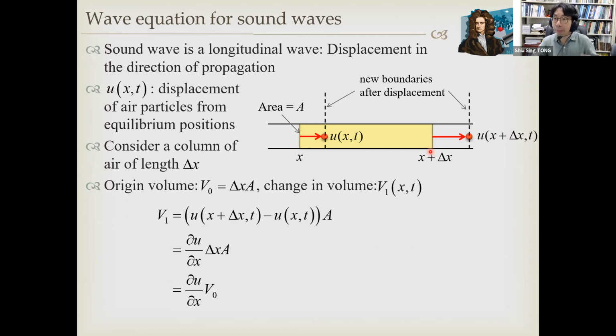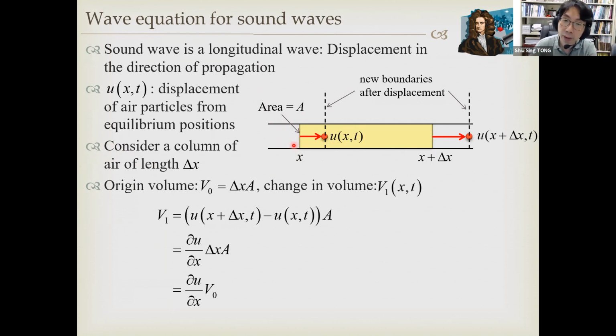Okay, but now the air particle will be displaced either to the right or to the left, right, about its equilibrium position. This x is the particle at rest here. But as a sound wave passes, the air particle may be displaced to the left or to the right.